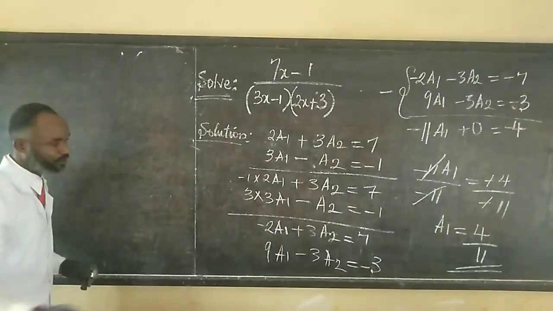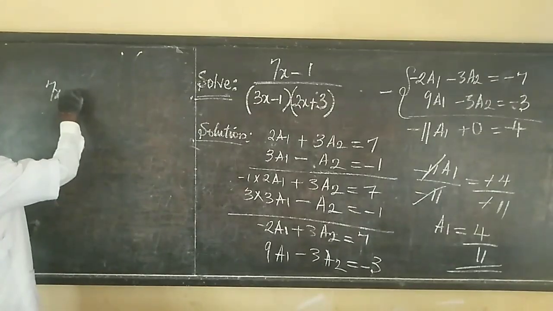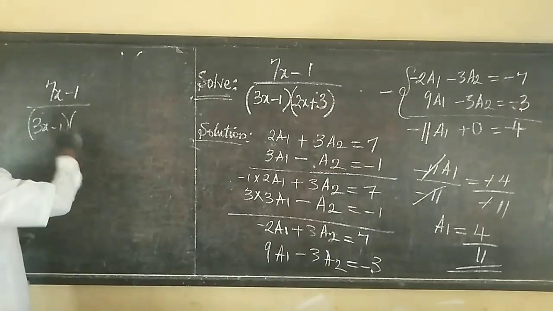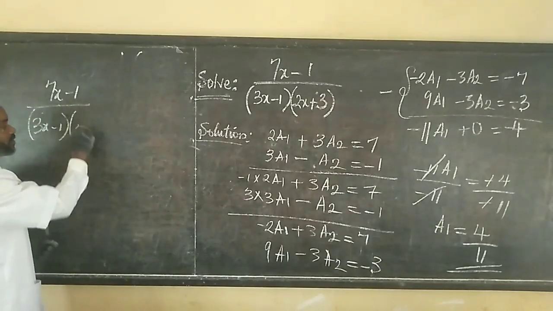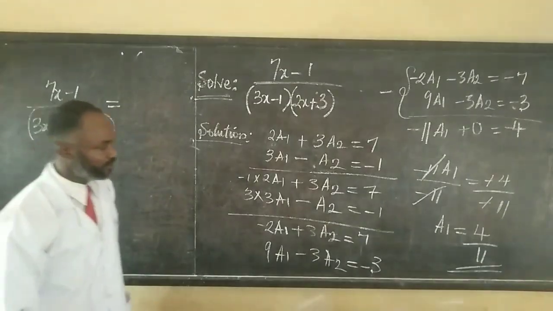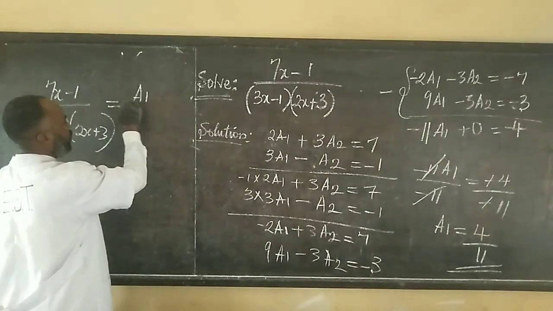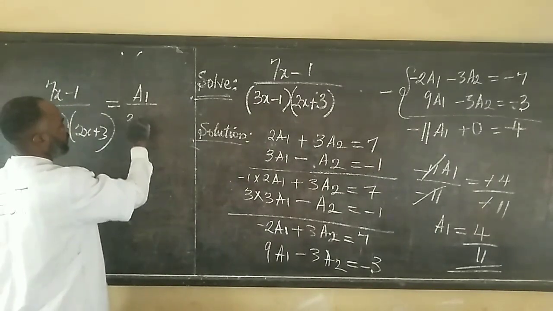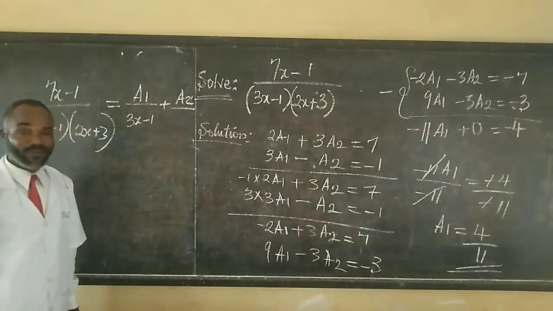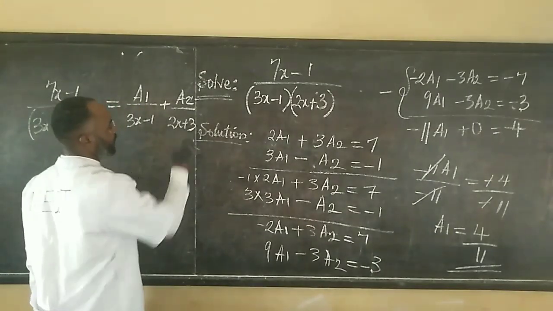Comparing the coefficients of both sides, and we have successfully found that 7x minus 1 all over bracket open, 3x minus 1 bracket close and open again, 2x plus 3 bracket close is equal to A1 all over 3x minus 1 plus A2 all over 2x plus 3, okay?